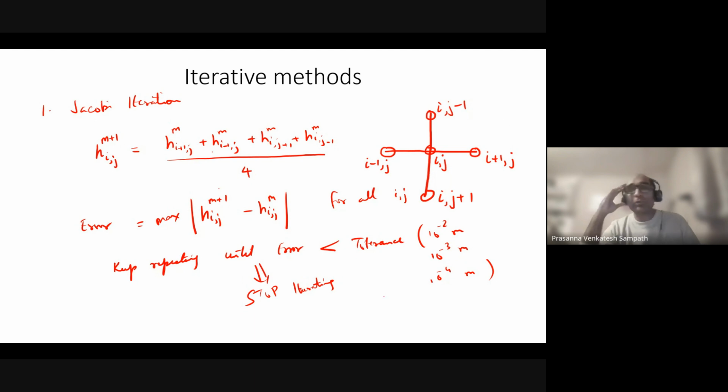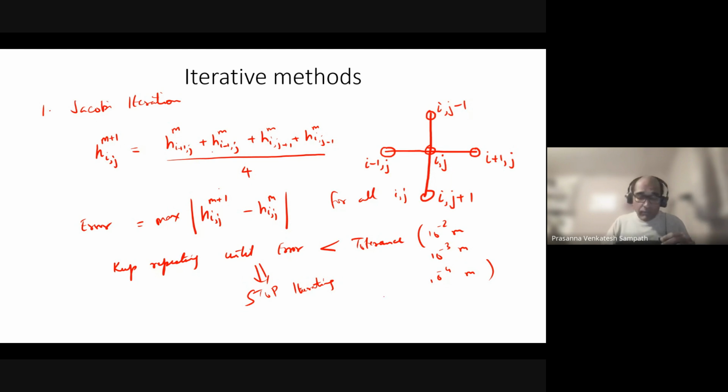We are trying to compute the head at node I comma j at the m plus 1th iteration. The m plus 1 refers to the iteration number. The way we compute that is by taking the average of the neighboring four cells: I plus 1 comma j, I minus 1 comma j, I comma j plus 1, and I comma j minus 1, that are denoted over here.